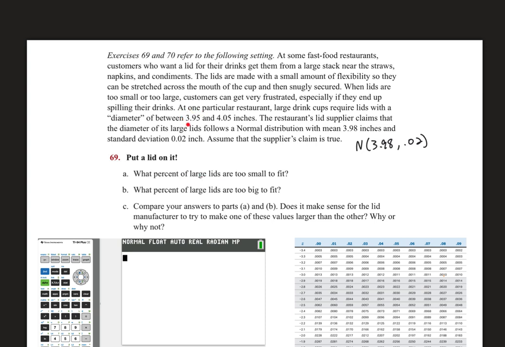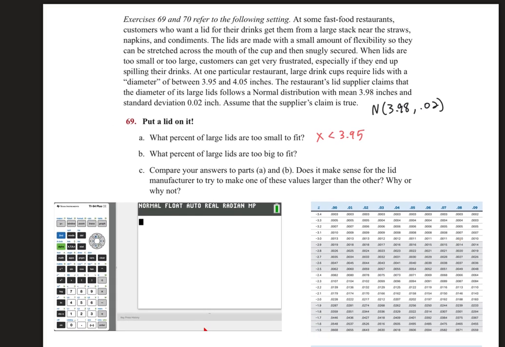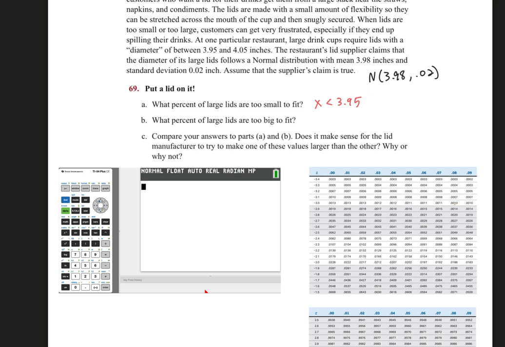So what percent of large lids are too small to fit? That will be lids that have a diameter smaller than 3.95. So they want values of the lid that are smaller than 3.95. Those will be too small to fit. Okay, so let's find that in the calculator. We want a percent, and so we'll do normal CDF.